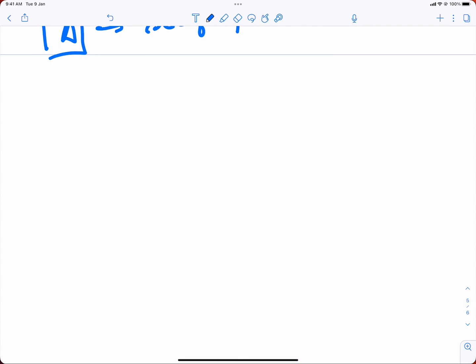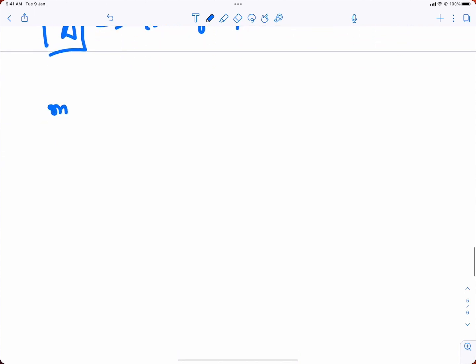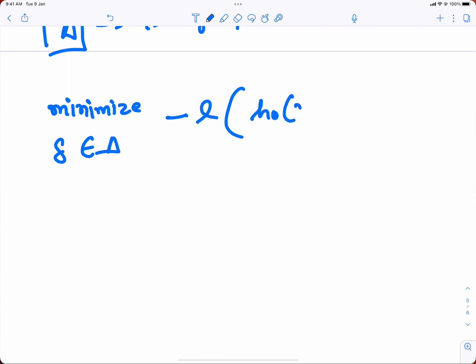So this optimization problem can be converted to a minimization problem: minimize over delta in the set of perturbations the minus loss, minus L of h theta of x plus delta, y.